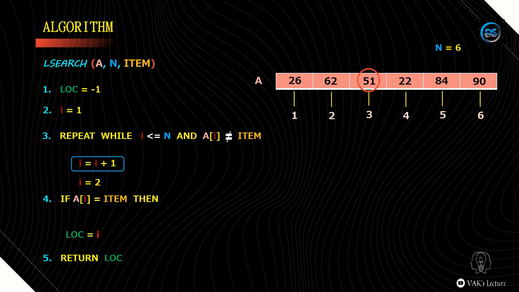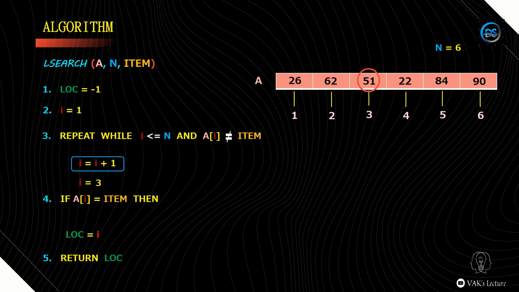The value of I was 2, but now it will be 3. It will check again and the condition gets true with 6. Next, the value of A of I is 51. Now this condition is false because 51 equals 51.